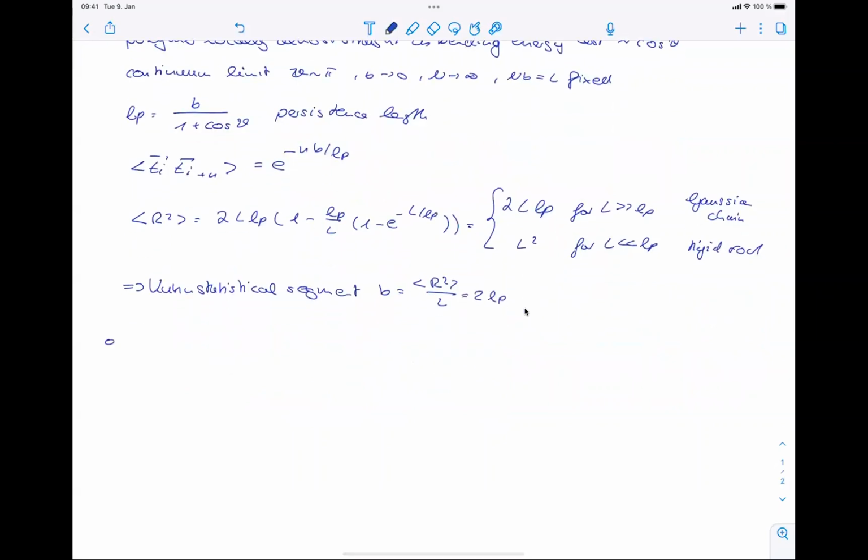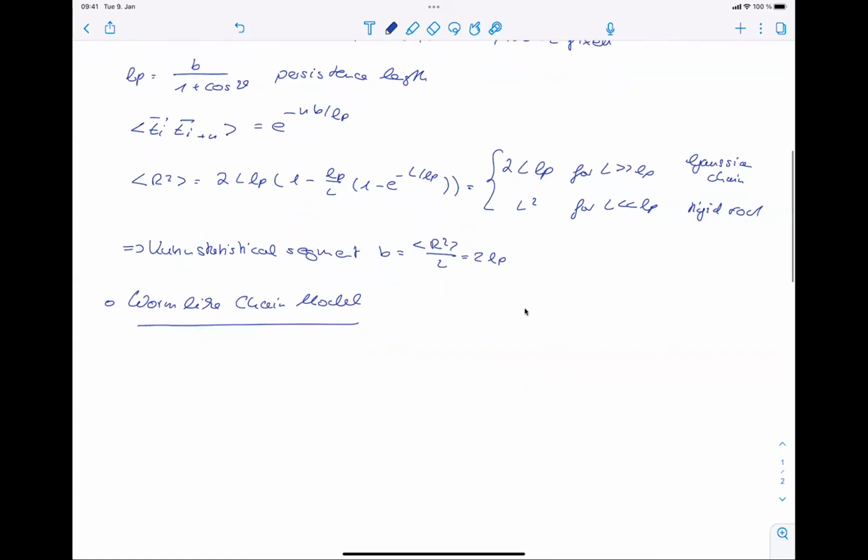Another more common description of semi-flexible polymers is the Wormlike chain model, where we write the bending energy as minus J summing over subsequent bonds, and the angle enclosed by subsequent tangents.